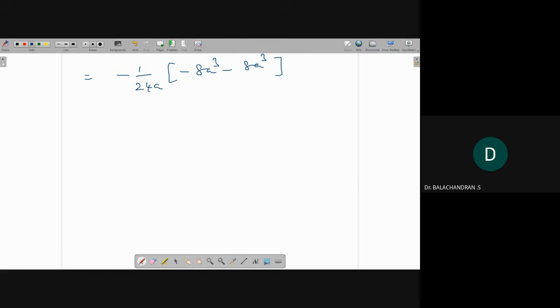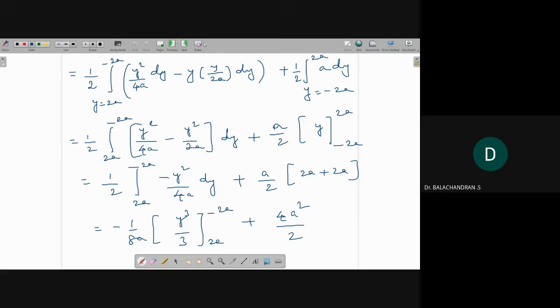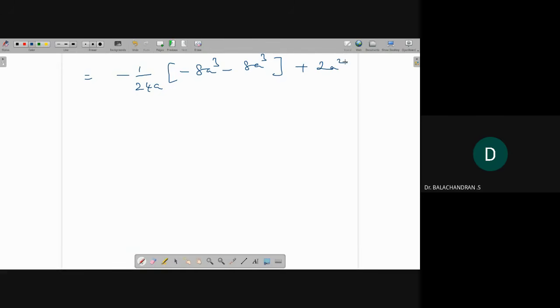Upper limit minus lower limit, plus 4a square by 2, 2a square. So this is 16a cube by 24a plus 2a square. So we get 2 by 3 a square plus 2a square. We get 6 plus 2, 8a square by 3. So this is the area. I think we got everything for this column. Now we'll move to the second column.